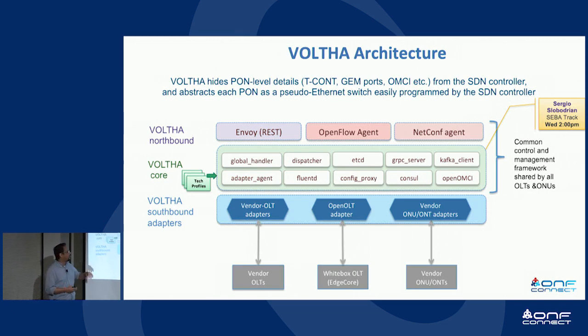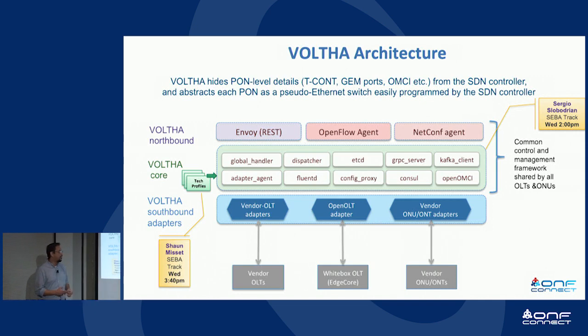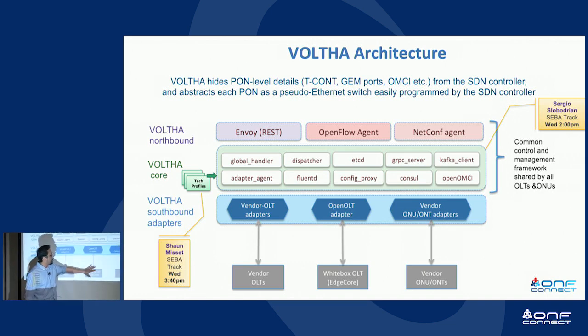These differences are fed through the technology profiles, what we call different access technology profiles. These profiles are also coming into VOLTHA. If you want to learn more about that, I encourage you to visit Sean's talk also tomorrow at 3:40 p.m.